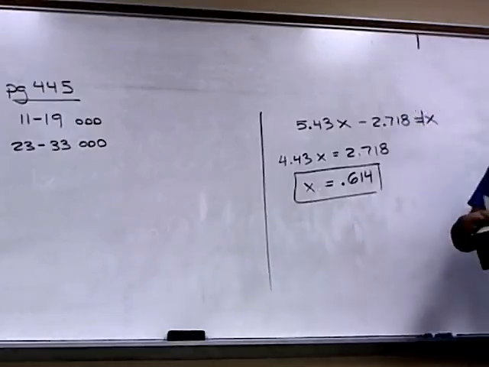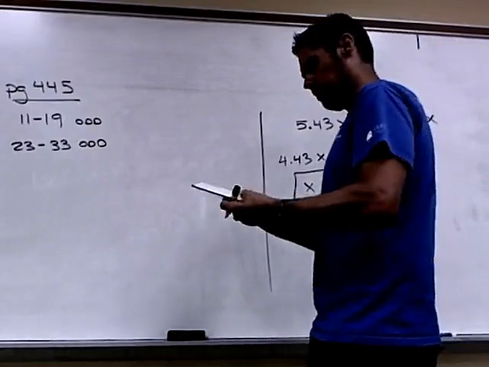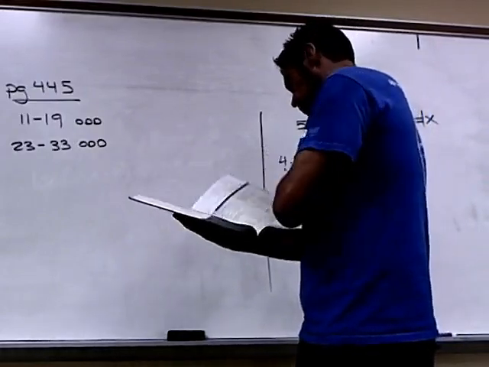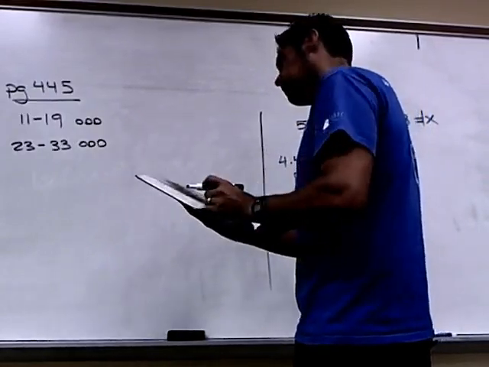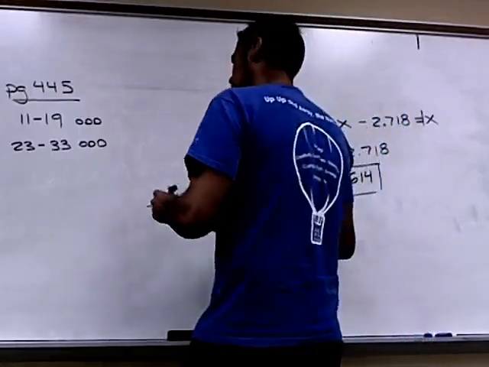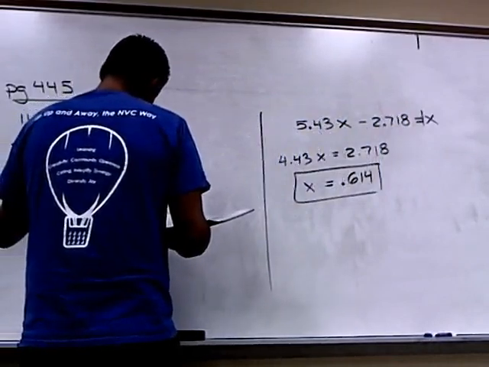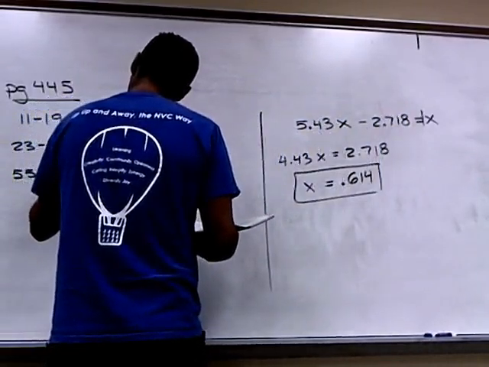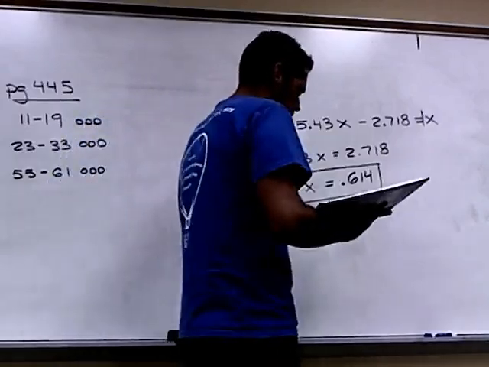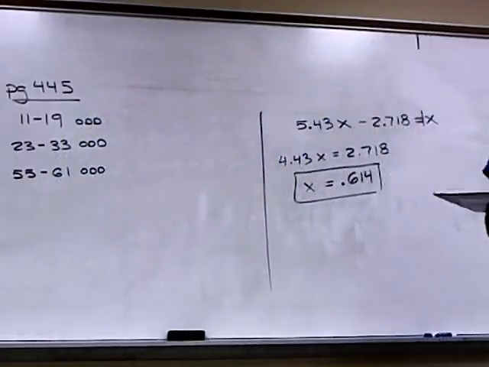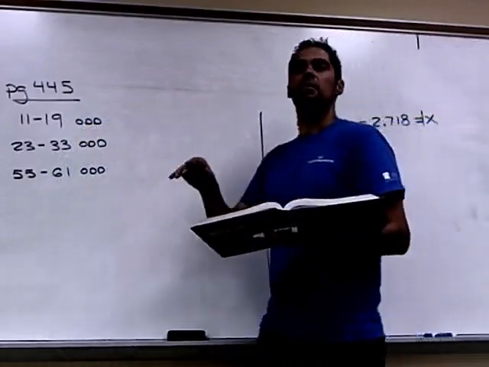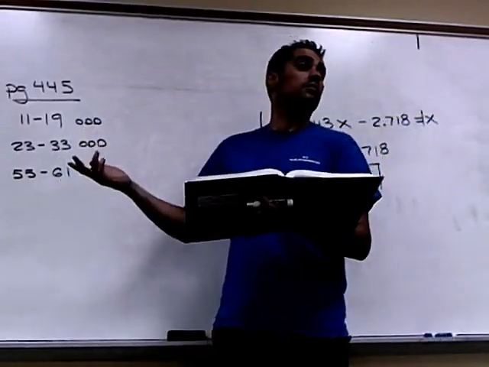All right. Then 55 through 61, odd. Two of those problems are just use your calculator to find like natural log of 225.